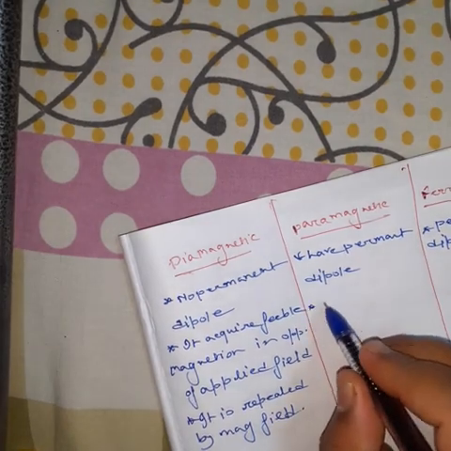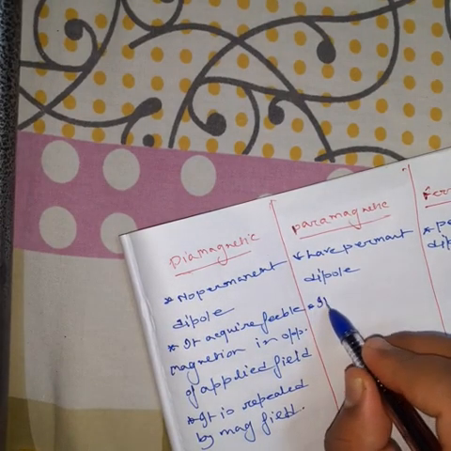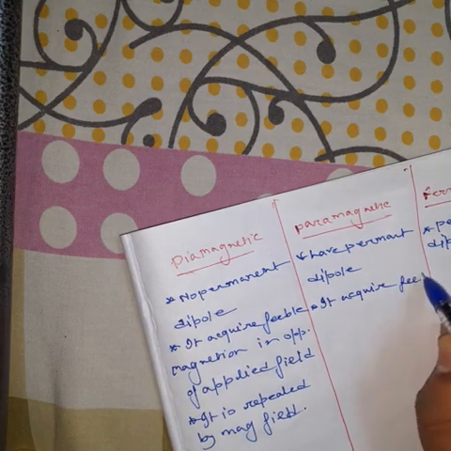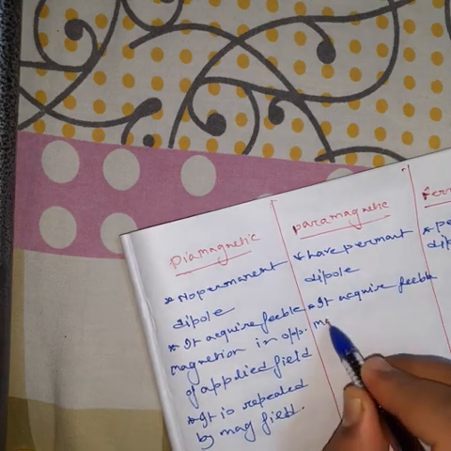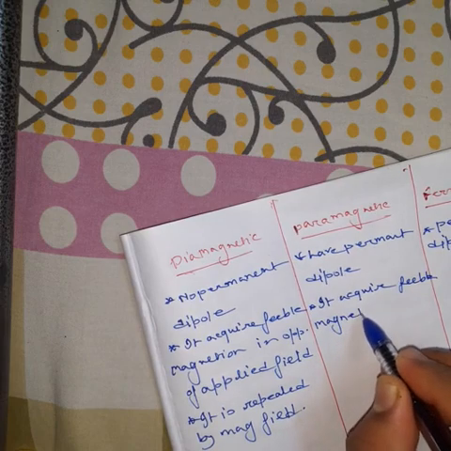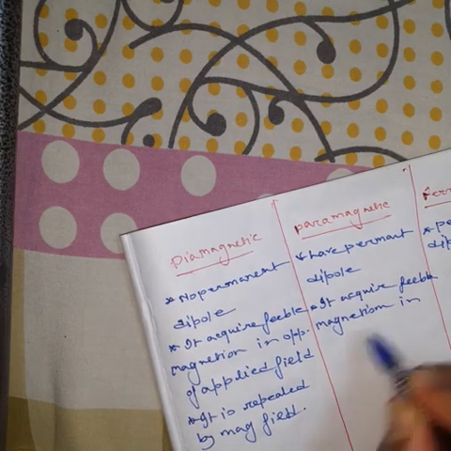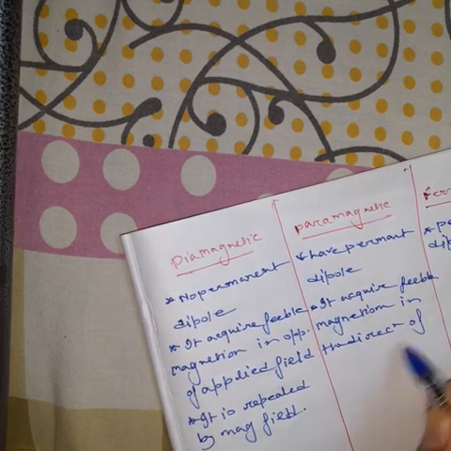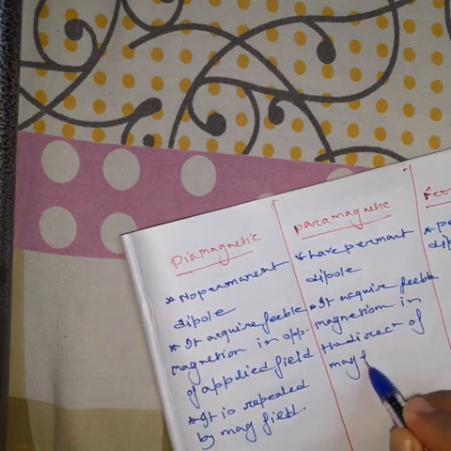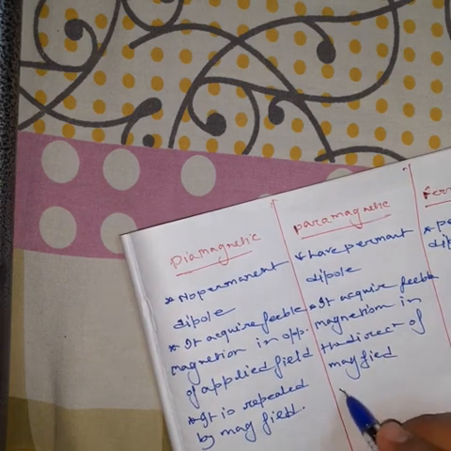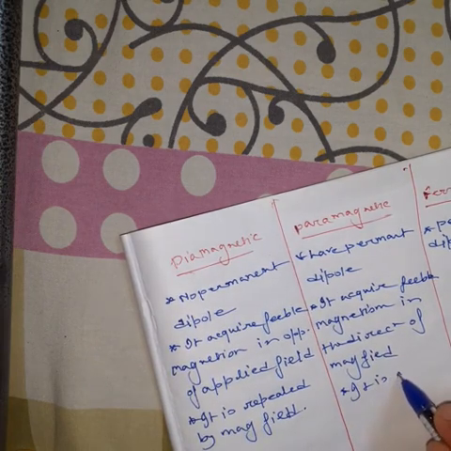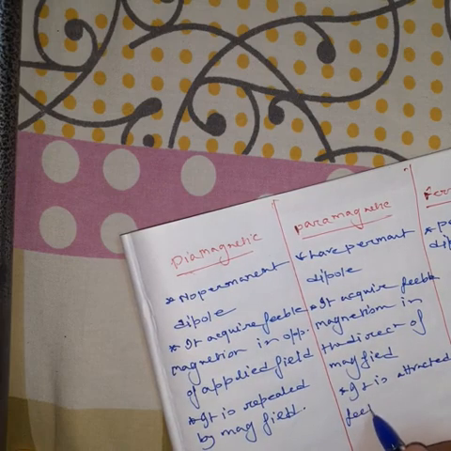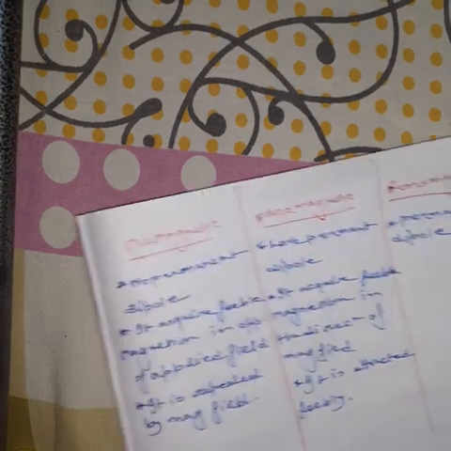And in the paramagnetic case, it acquires feeble magnetism in the direction of the magnetic field. It is not the opposite direction, it is in the direction of the magnetic field. So it is attracted feebly by the magnetic field.